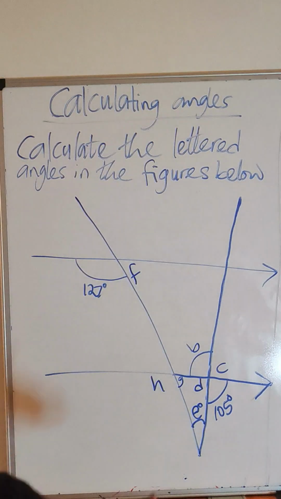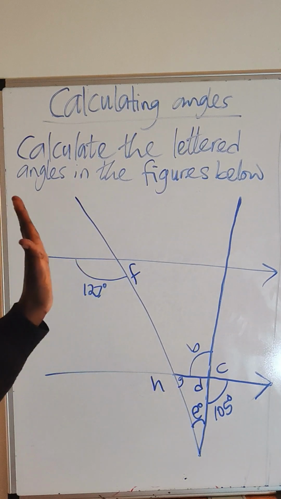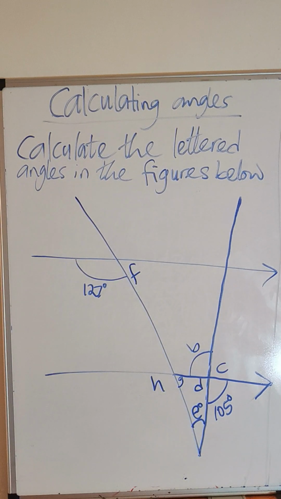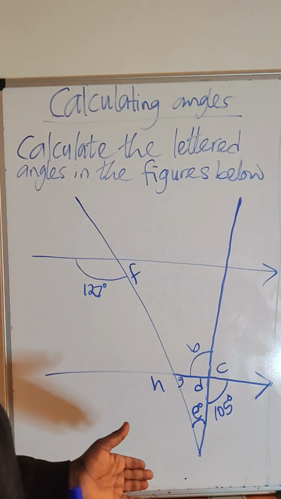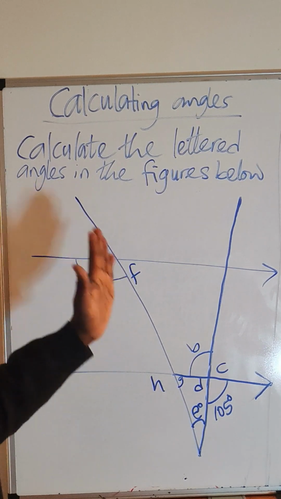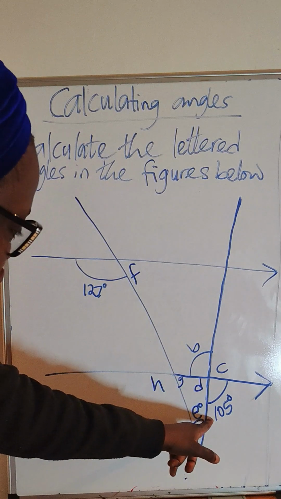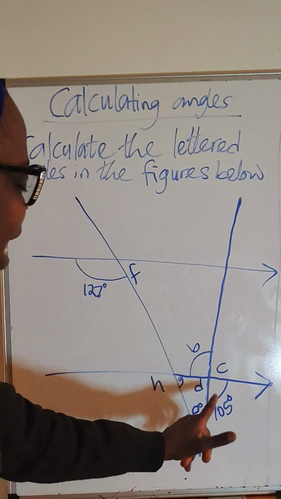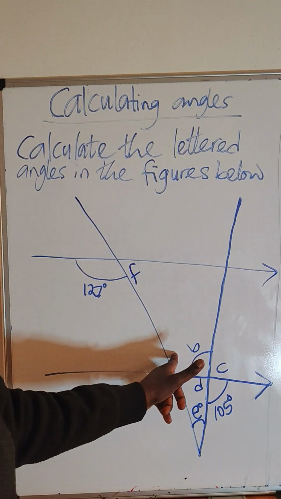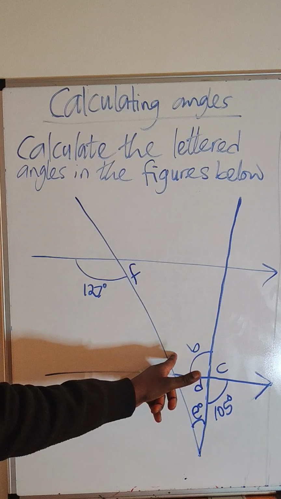I want to do the explanation first before I try to write it out. So, angle B is 105 degrees because this angle, which is 105, is vertically opposite to angle B.